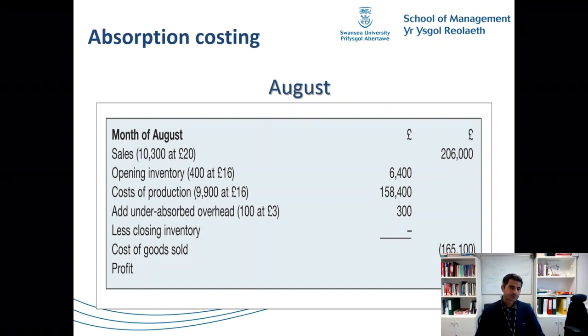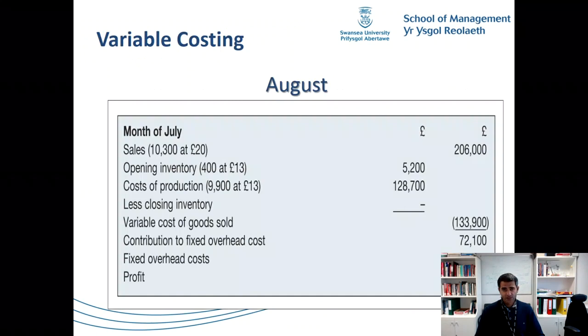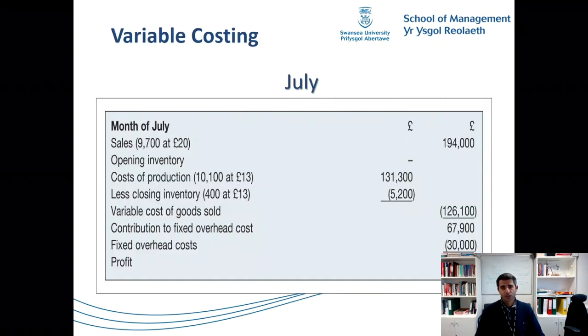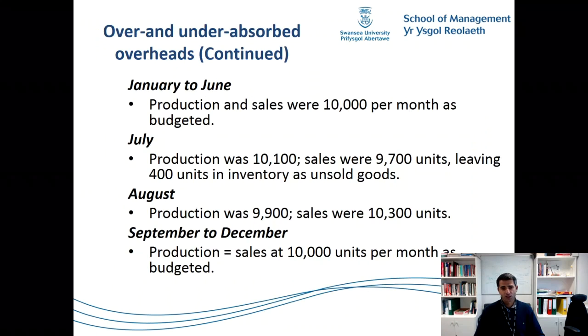However, if you add the profits all together, you should be able to find there's no difference in operating profit. Why? Because the question, from September to December, tells you that the sales equal the production units.